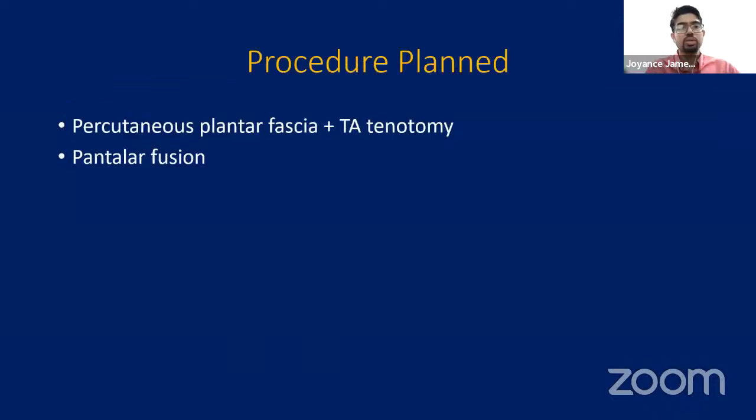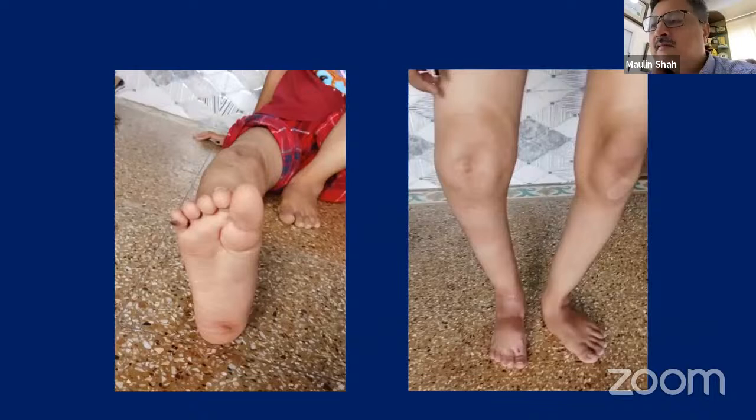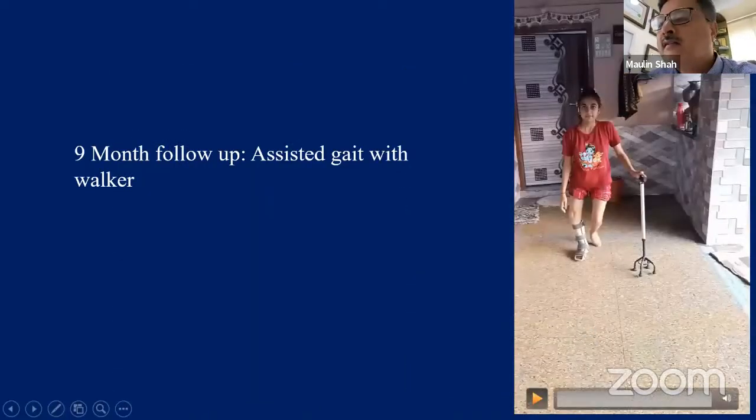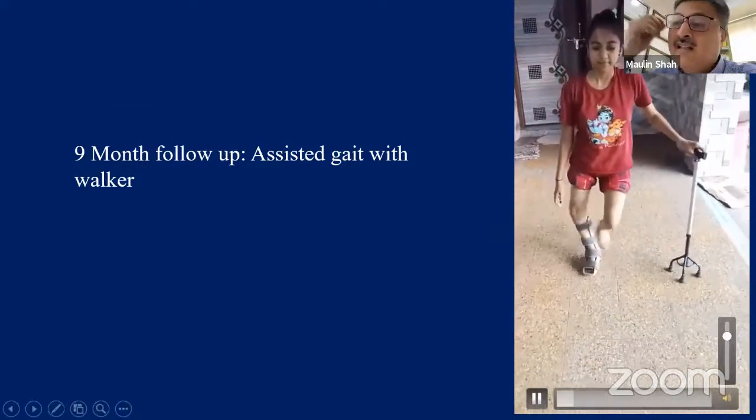So we performed percutaneous plantar fascia release and heel cord tenotomy, and then we performed patellar fusion like this. And somehow all these patients where we have performed patellar fusion, they are very happy because they are walking well with the orthosis.